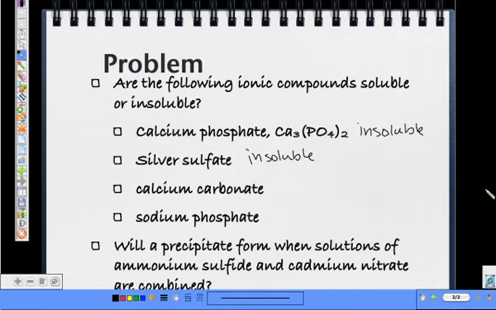So it's insoluble. And sodium phosphate. Phosphates are insoluble except ammonium and alkali metals. So it's soluble. It is an exception. Sodium is one of those exceptions.